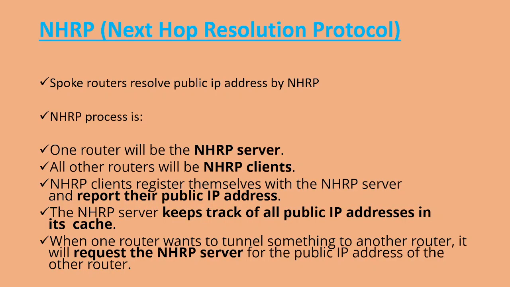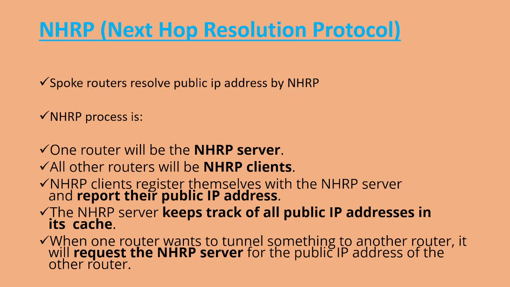Next is NHRP, Next Hop Resolution Protocol, which is used in this dynamic multipoint VPN technology. Here, spoke routers resolve public IP addresses of other spokes by the NHRP protocol. One router will be the NHRP server, that is the hub router. All other routers, the spoke routers, will be NHRP clients.